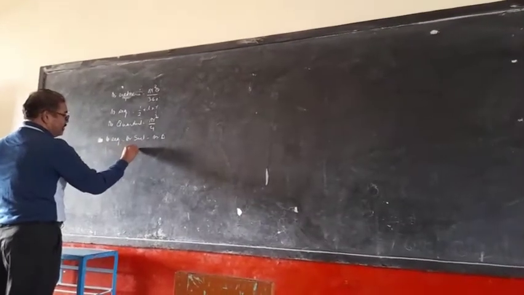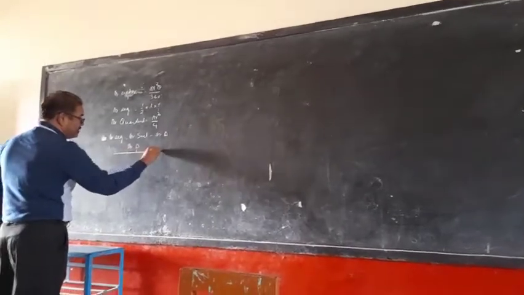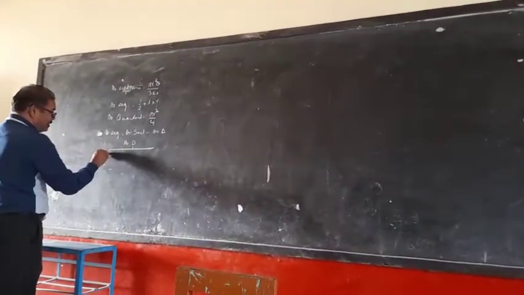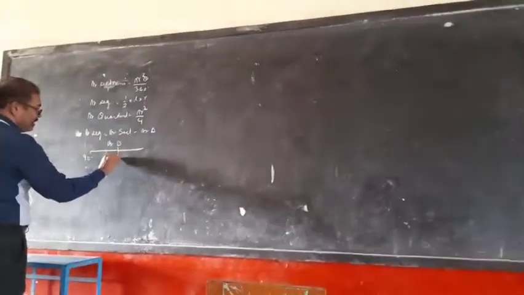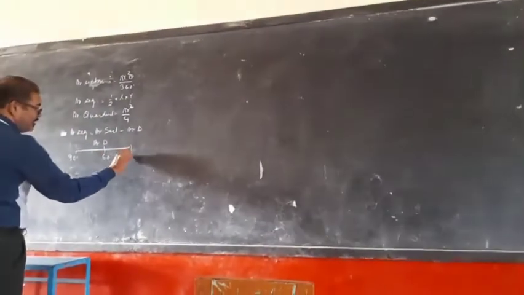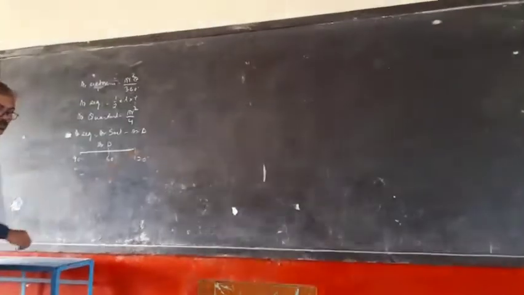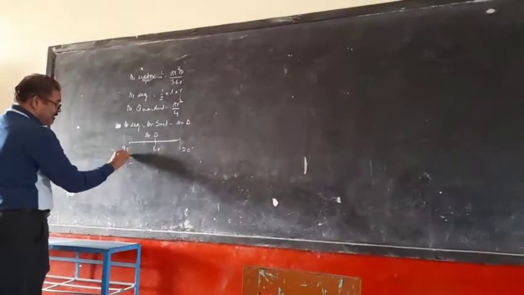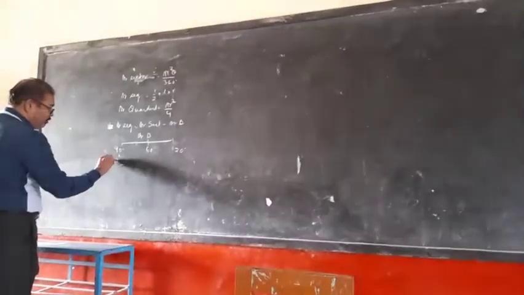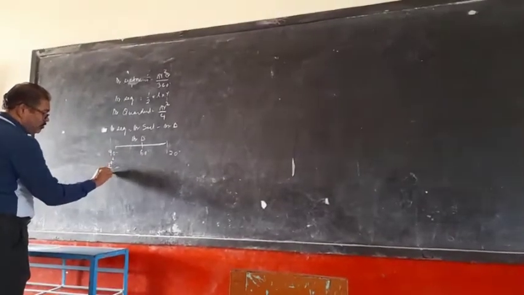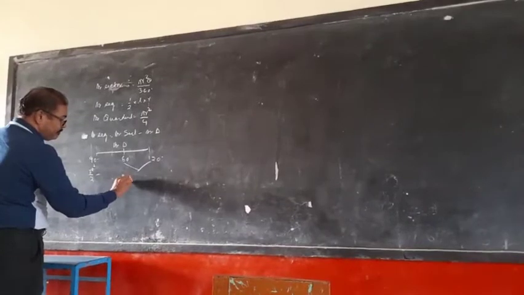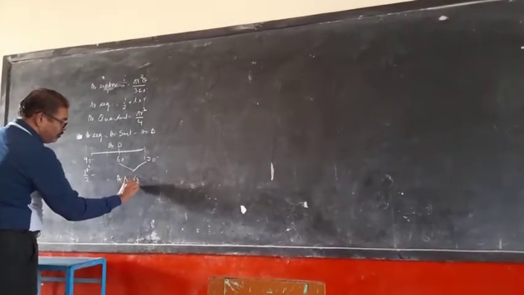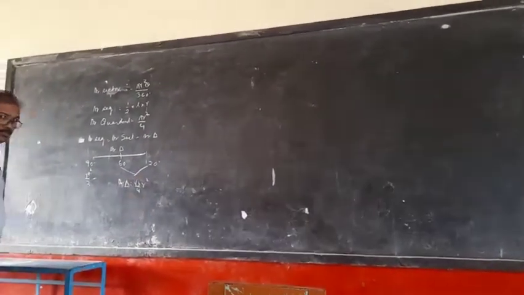We have studied that for the area of triangle there are three types, where the central angle is 90 degree, 60 degree, and 120 degree. When 90 degree, the area of triangle is equal to r square upon 2, and in the other two cases the area of triangle is equal to root 3 upon 4 r square.